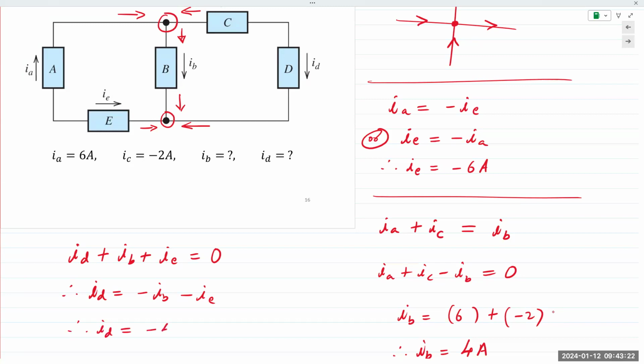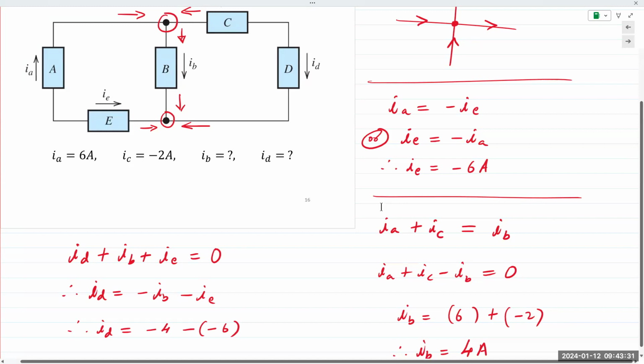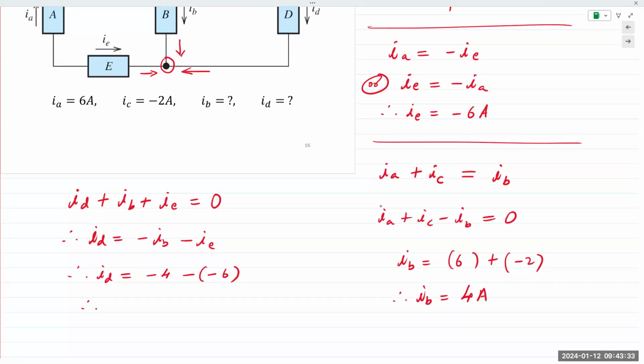IB is 4, so minus 4, and IE was minus 6. So I get ID as 2 amps.